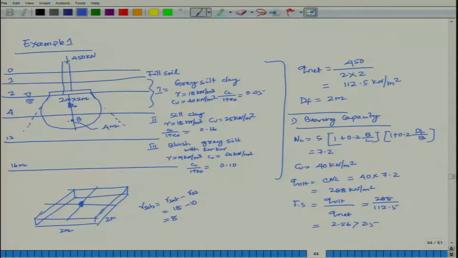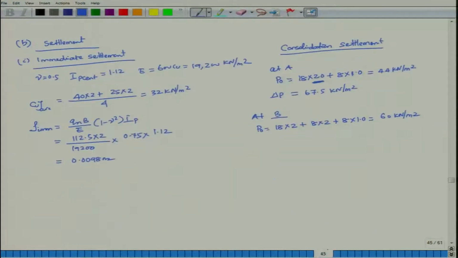So, 18 minus 10, then it will be 8 into 1. So, similarly you can find delta P, which is equal to 16.9 kilonewton per meter square.